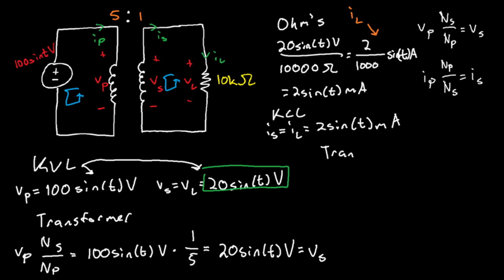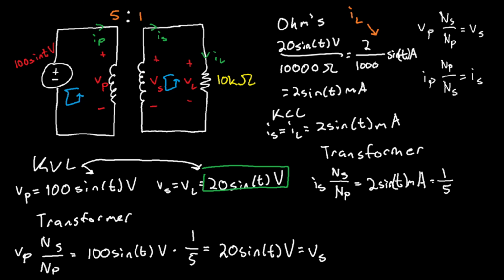Now we can solve for I of P. If we use the transformer formula for I of S to I of P, we get I of S times N of S over N of P is equal to I of P, correct? Let's go ahead and fill out this equation. I of S is 2 sine of t milliamps, and N of S over N of P is 1 over 5.